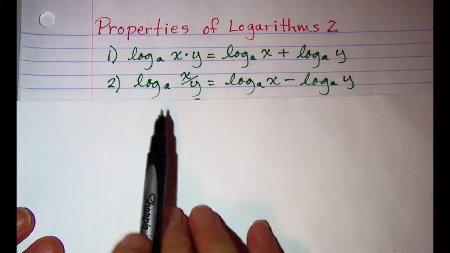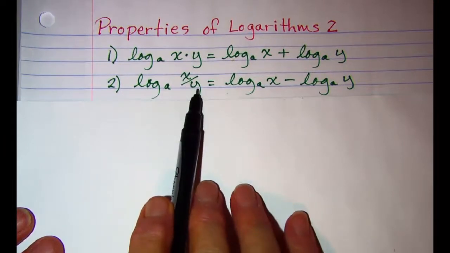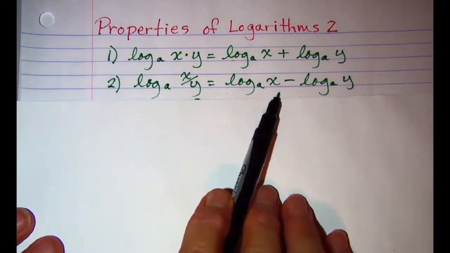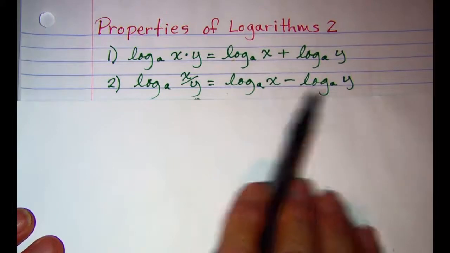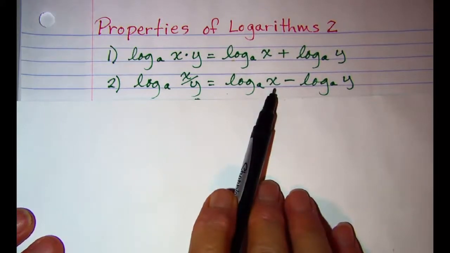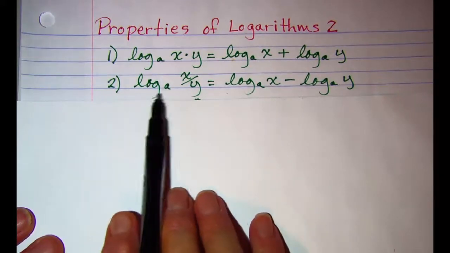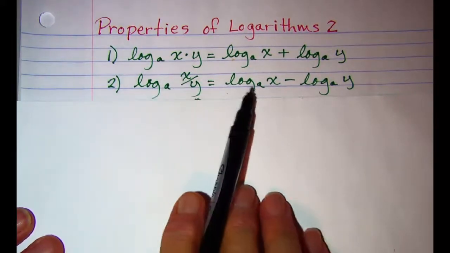Property 2, the log of a quotient is equal to the difference of the logs. Or if you have subtraction of two individual logarithms, you can write it as a single logarithm expression, but the arguments are divided.